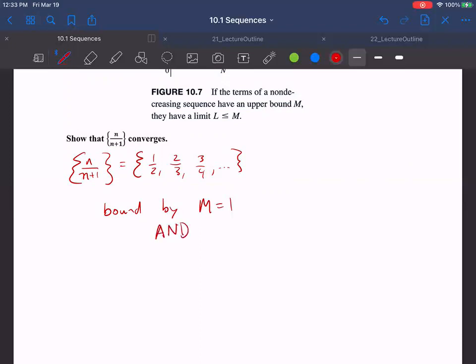and we know that this is never going to decrease, right? So it is monotonically non-decreasing.